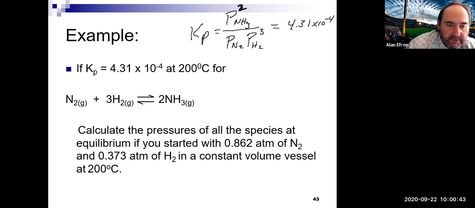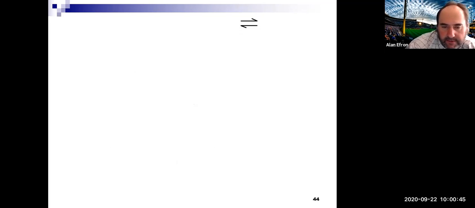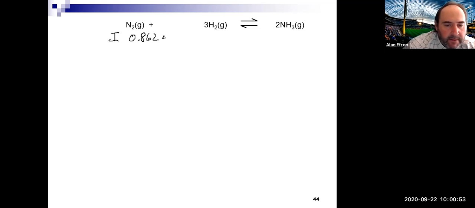So let's take a look at what the ICE table will look like here. Initially we would have 0.862 atmospheres, and this would be 0.373 atmospheres. We weren't given any pressure for the product side, so it's safe to assume it is 0.